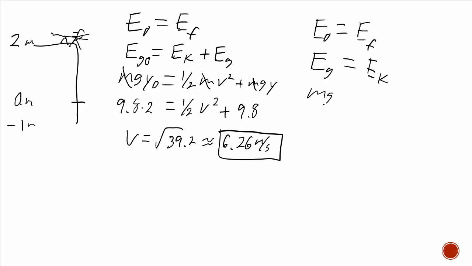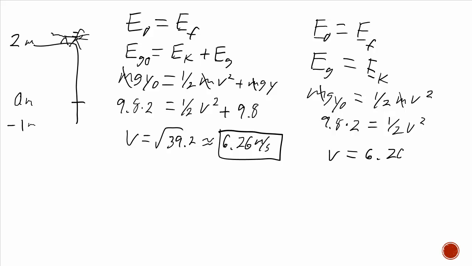So then I can just have mg y0 equals 1/2 mv squared. 9.8 times 2 now equals 1/2 v squared, and you solve that and guess what? You get exactly the same thing. So once again, choose whatever height is 0 according to the situation to make it most convenient.